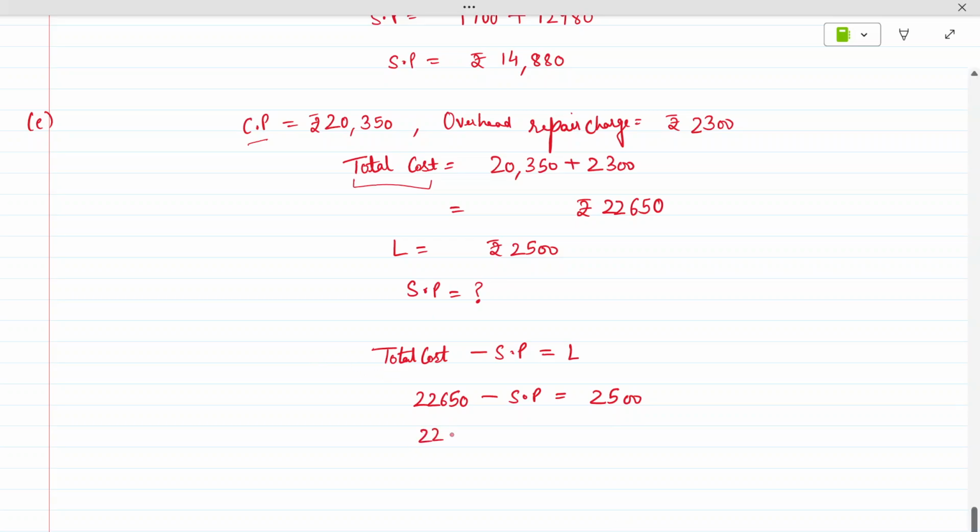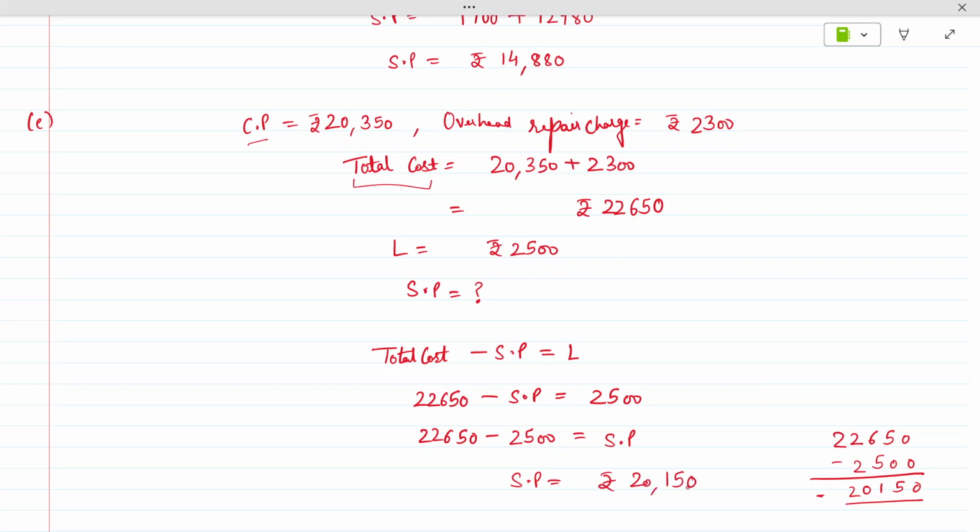This 22,650 we move to the LHS, 2,500 and SP to the right-hand side, RHS. So SP is equal to 22,650 minus 2,500. Subtracting, we get 20,150. So answer is rupees 20,150. That means the person is selling his laptop at 20,150.